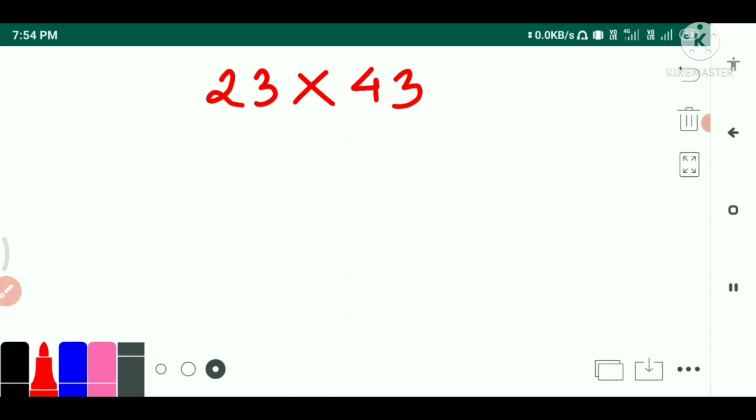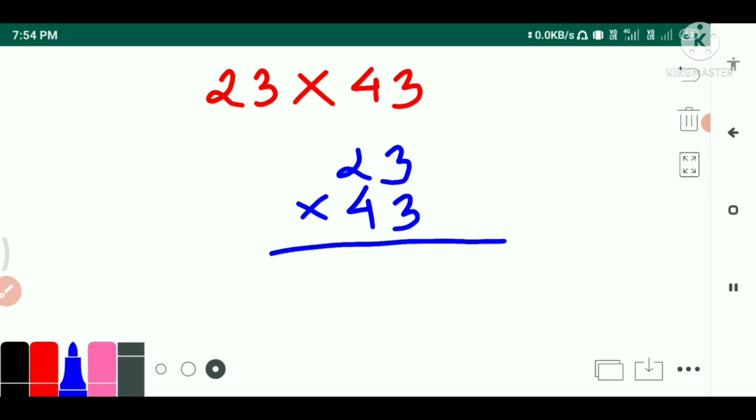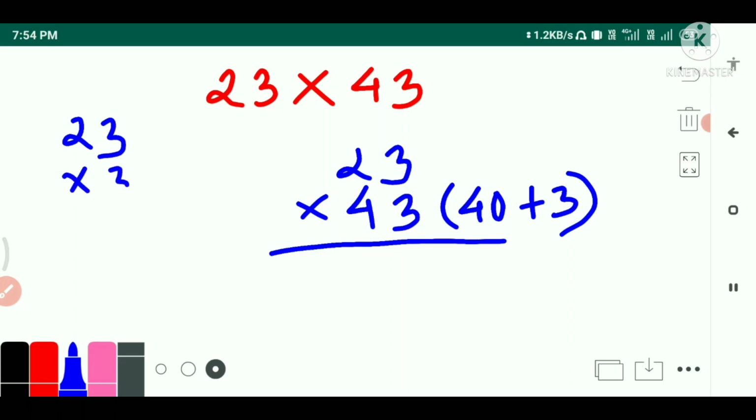So first of all, we'll write the number like 23 multiplied by 43. Again, we'll expand this 43 as 40 plus 3, right? Now we'll multiply 23 with 3. So 3 3s are 9, 3 2s are 6, 69, right?